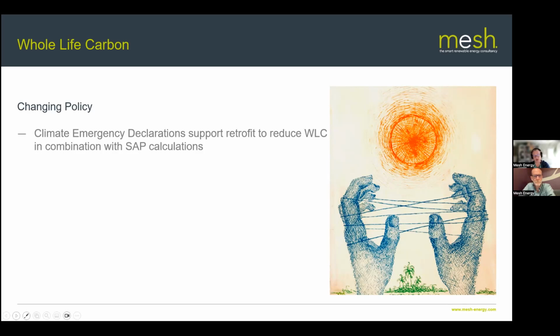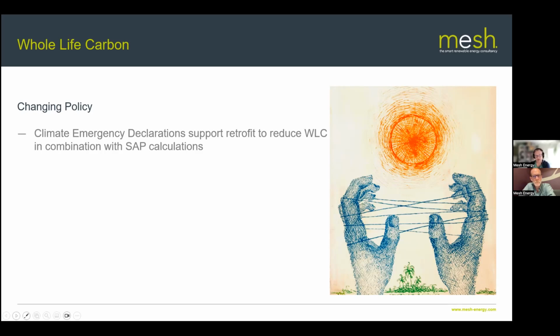So we're seeing policies emerging that have different methodologies but have the same aim, and they're generally supportive of retrofit to reduce whole life carbon, but the calculations are being done in combination with SAP calculations.